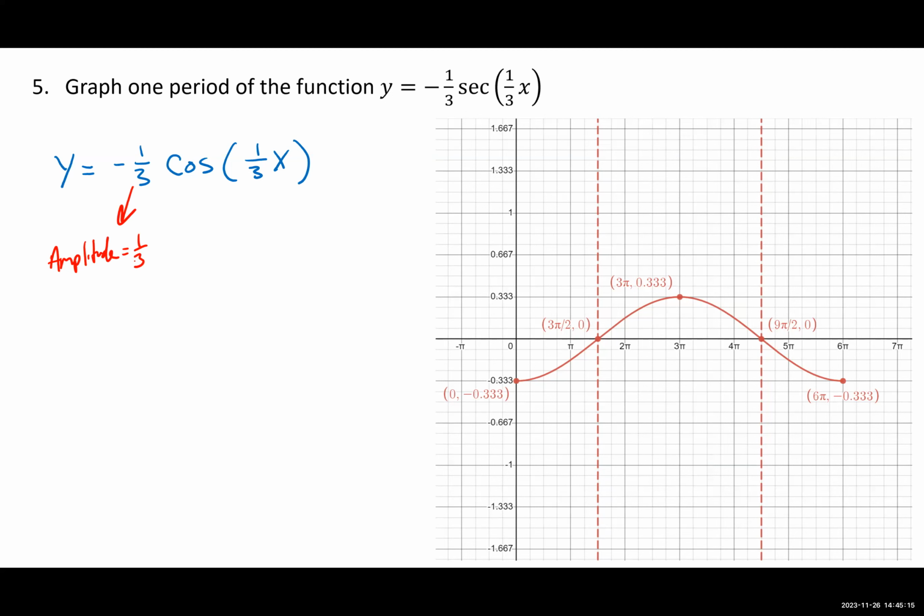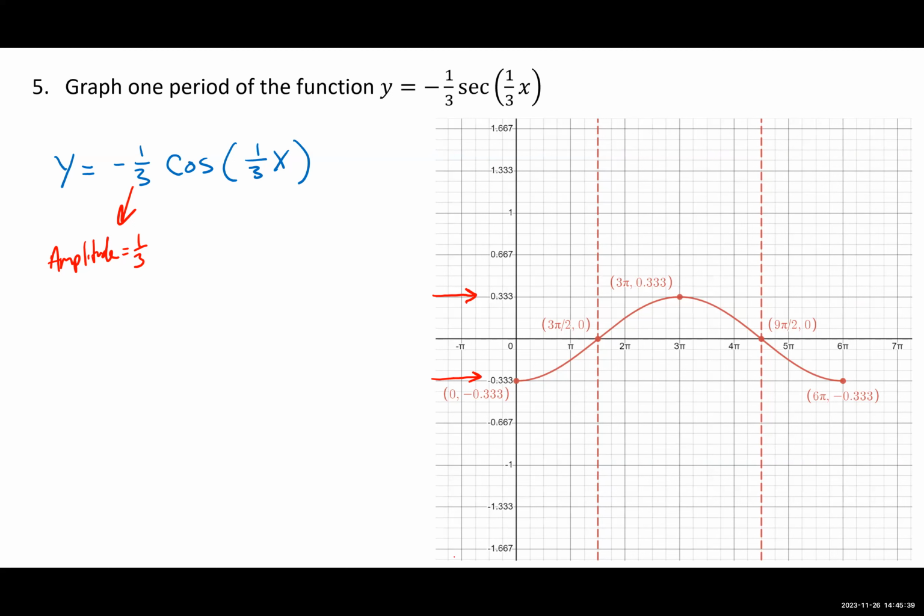So we talked about the change in amplitude. So instead of this graph going up to +1 and down to -1, its maximum is 1/3, or on this graph, I have it labeled as a decimal 0.333, but that's 1/3, and down to negative 1/3. Right?